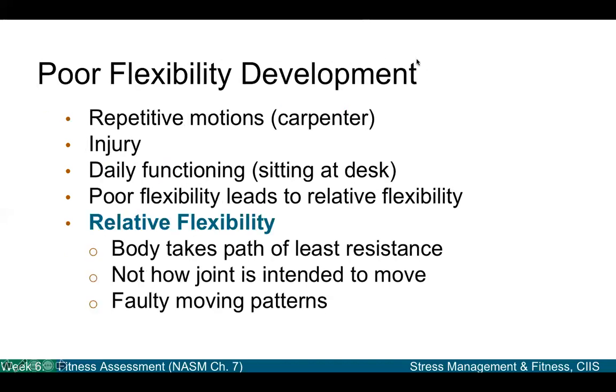Okay, so how do we actually develop poor flexibility? So before we get into these techniques, let's talk about how poor flexibility develops. When we talked about subjective assessments, we talked about how important it is to really get to know the background of your client. And one of the things that might highlight is how they might have gotten themselves in a position of poor flexibility.